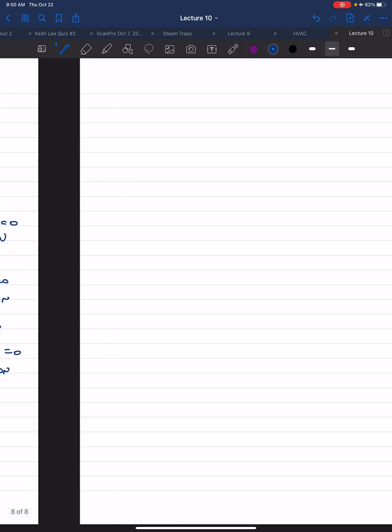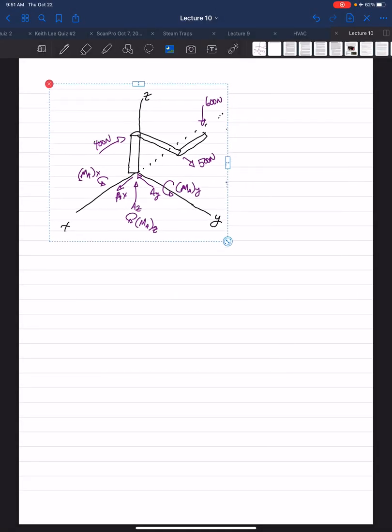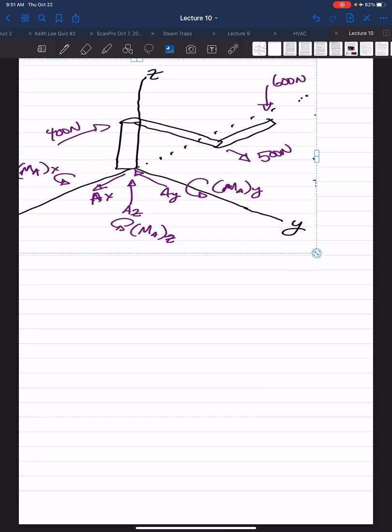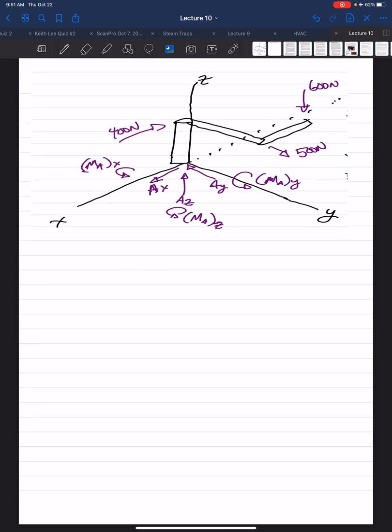Let's go to a fresh page. Bring our drawing back over here. So then sum of my moments about the y-axis, set that equal to 0. Once again, due to the fixed support, you have a moment about the y-axis due to the fixed support, MAY.